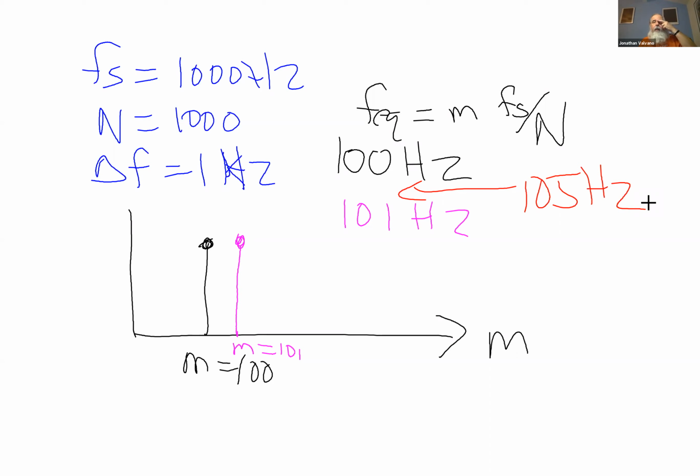now I haven't violated the Nyquist theorem, right? F equals 105 is less than one half the sampling rate. What's this going to look like? There is no place to put 105 in my plot.